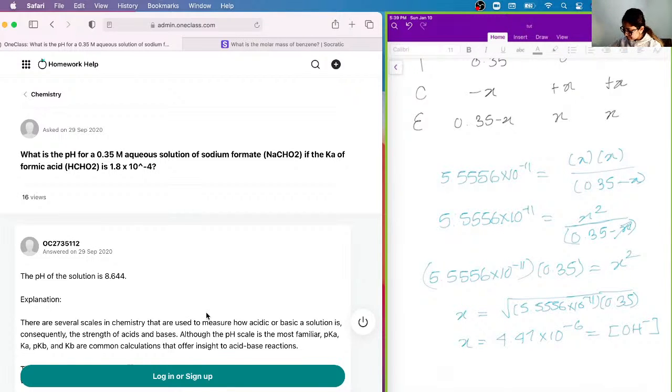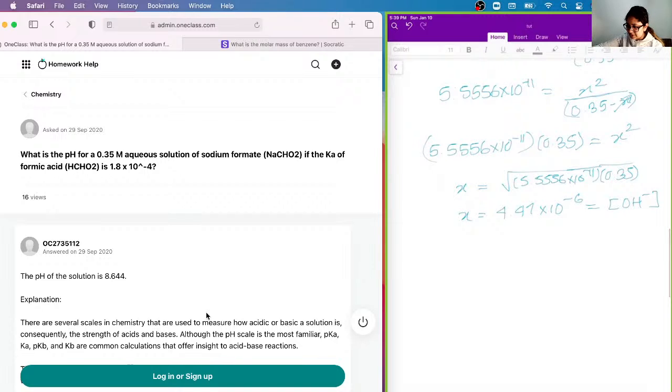Okay. And so now pH can be calculated. As you guys know, when we're dealing with bases, we take into account pOH first. So this would be the first step, and pOH is the negative log of the concentration of your OH ion.